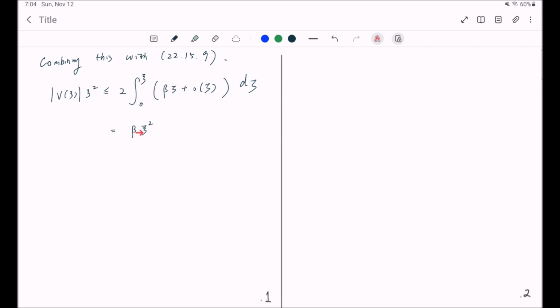So together you get beta times psi squared. And the remainder is little o of psi squared as psi goes to infinity.